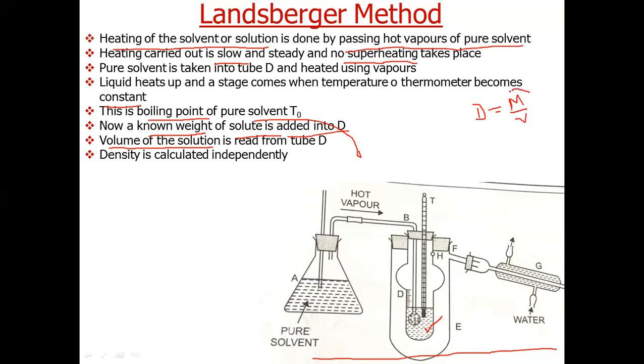So we can calculate the mass of solution if we know the density of solution, which is determined independently by some other methods. Now from density and volume we can calculate the weight of solution. We know the weight of solute, so we can calculate the weight of solvent. Weight of solvent is weight of solution minus weight of solute.